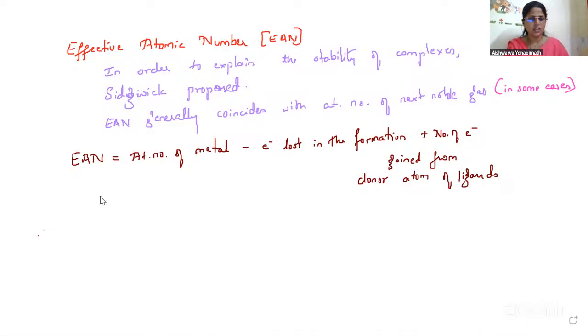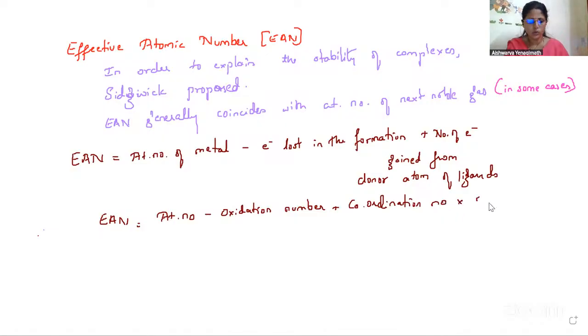Yes, in simple terms, EAN is equal to atomic number minus oxidation state or oxidation number plus coordination number into 2. This is nothing but effective atomic number.